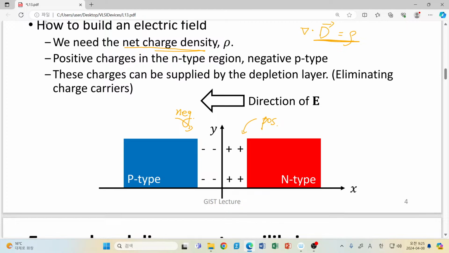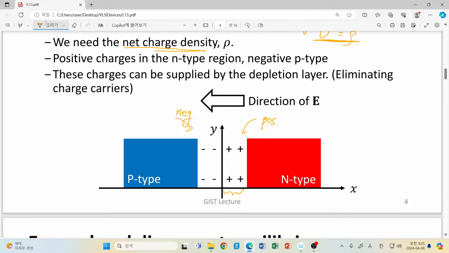So yes, the next question is, how can you obtain this positively charged layer in the originally n-type doped region?